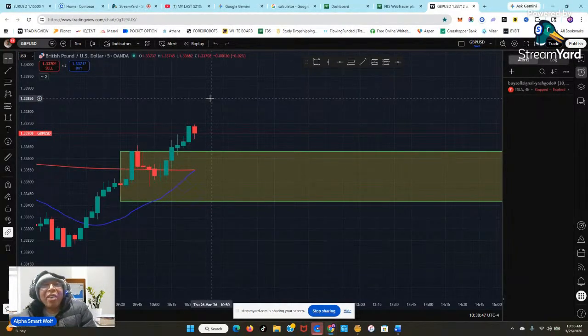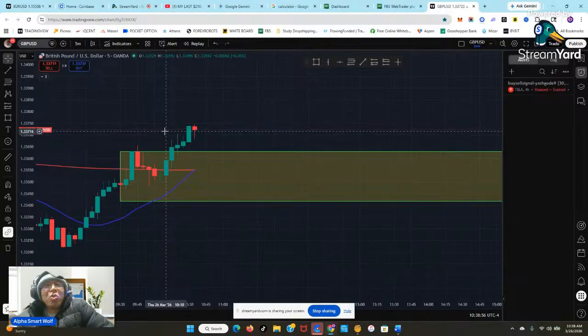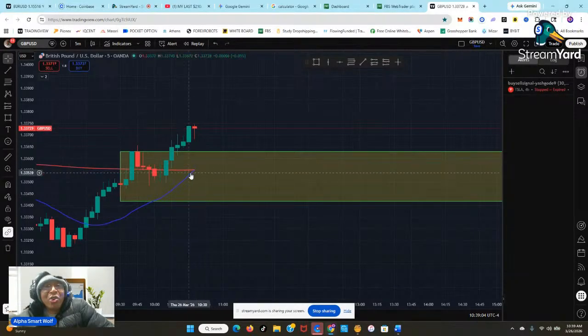If you get an engulfer, you're going to enter the trade, but we are not getting an engulfer yet. So we can keep an eye on GBP USD. However, you can see how close these are. I think we are in for another explosive move up.